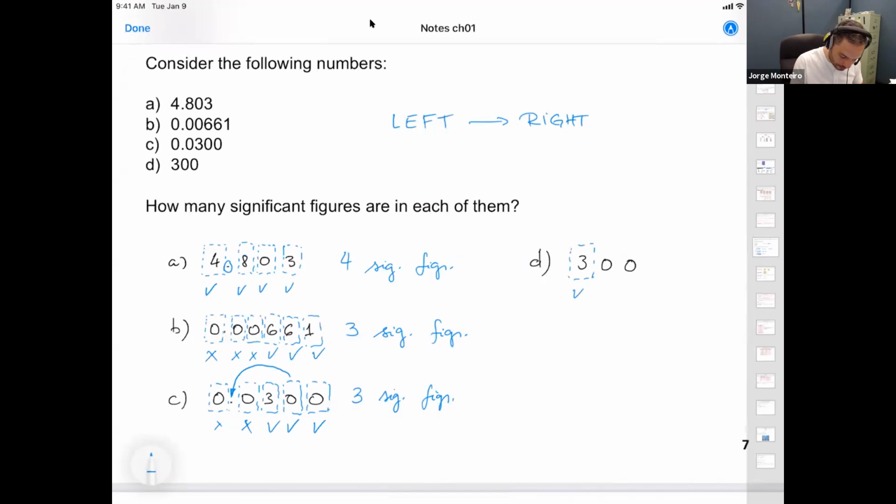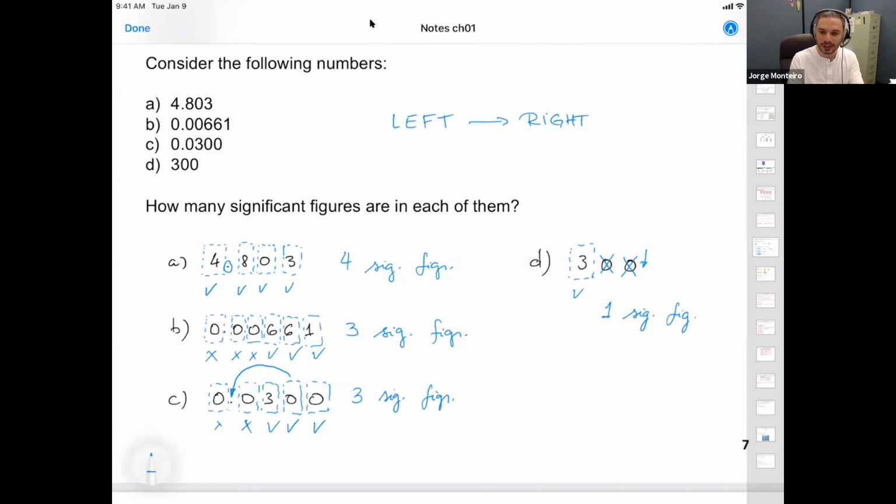If we don't have a decimal point right here after the last 0, that means this guy here is not significant, and this one is not significant as well. Okay, so therefore we have just one sig figure.